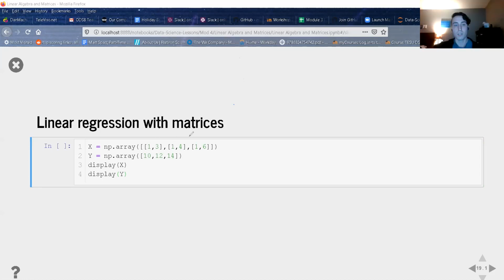Here's our X data, 3, 4, and 6. And then here's our Y that we're trying to predict, 10, 12, and 14. So we're trying to do a regression here. We have our points like 3 and 10, 4 and 12, and then 6 and 14. And we're trying to come up with the line of best fit through that.